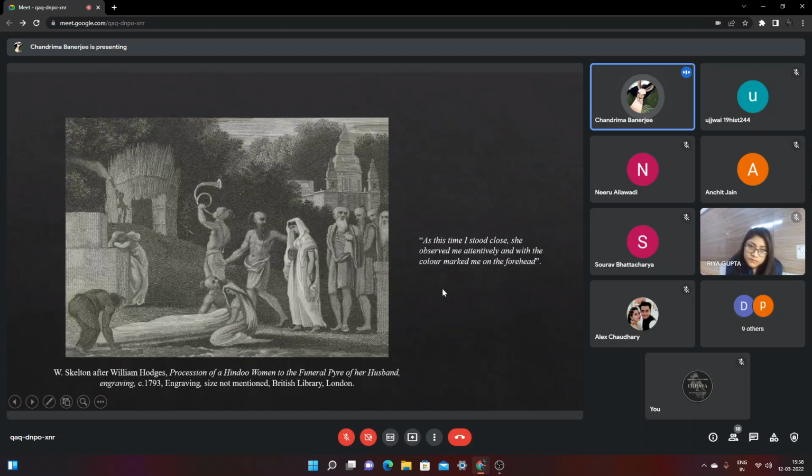So this is a very sensitive setting which William Hodges has composed, and it's important here because he also interacts with the protagonist, which is the widowed woman here. He not only stood there, he was a part of the composition as well. He's not shown himself here, but through his writings, we can see that he also interacted with the woman, and he has tried to represent the innate emotions of sorrow and fear, and the facial expressions of all those pandits which are accompanying her, the funeral pile which is here, and the dead body of her husband.